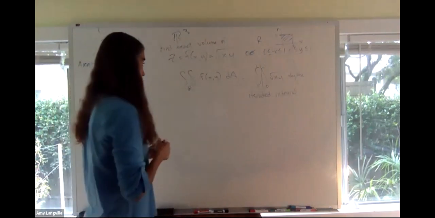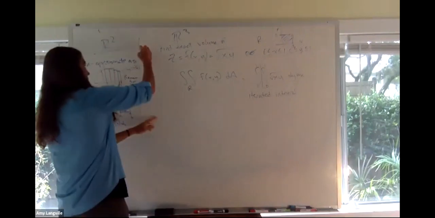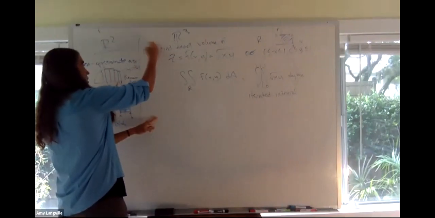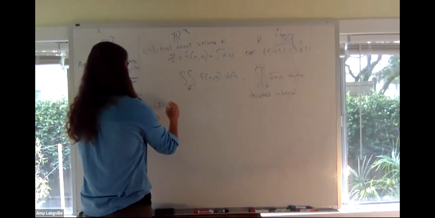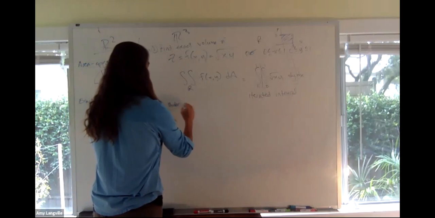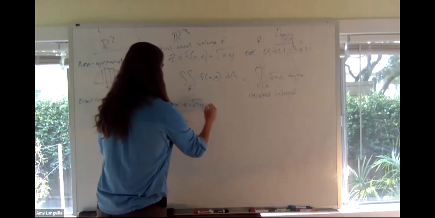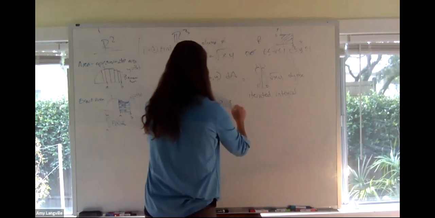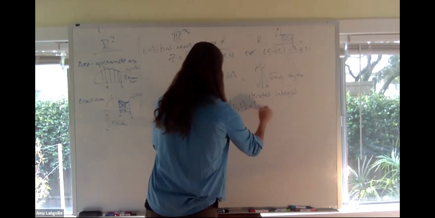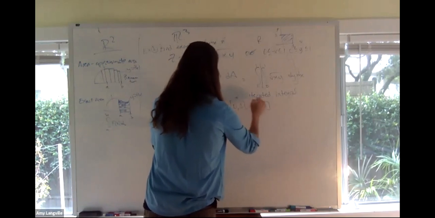So had the region changed, this is one example, and then maybe down here, under the same function, z equals square root of xy, over R equals, sometimes they write it like this, 0 to 1 on x cross 0 to 2 on y. These are your x's, these are your y's.